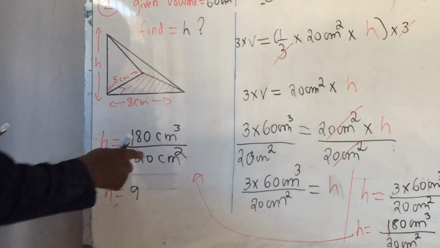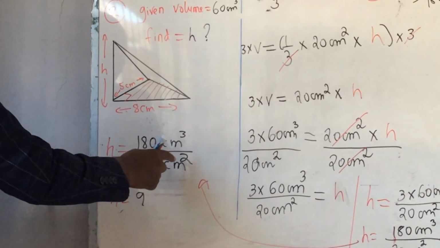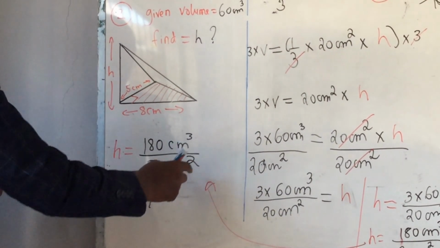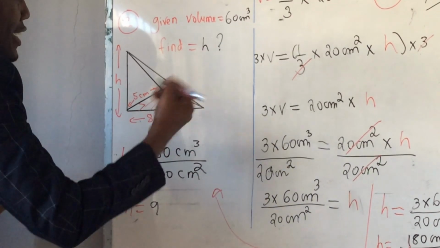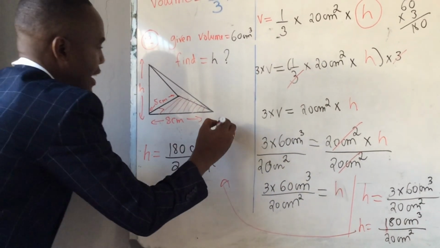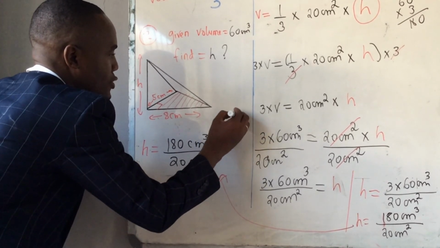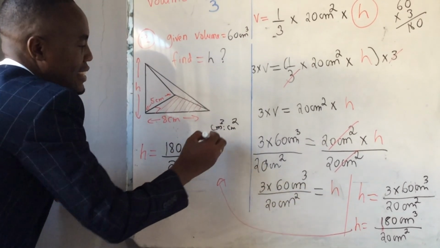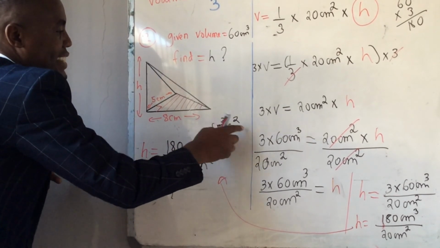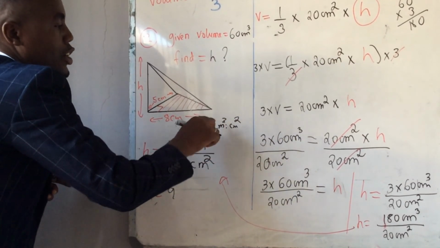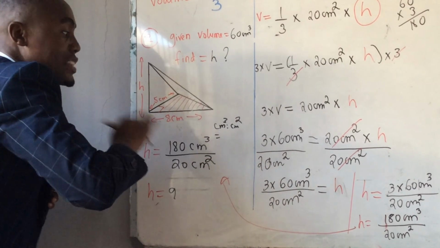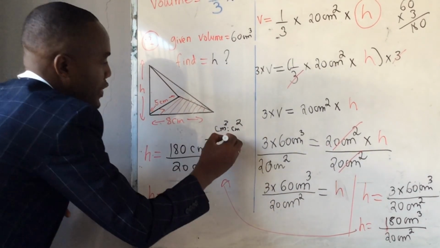And then we have to work out as well the value of centimeters cubed and centimeters squared. As we know in algebra, if we have, in this case, centimeters cubed divided by centimeters squared, what happens is here, because the base is the same, the exponents are different, we're going to subtract the exponents and maintain the base as algebraic rule of exponents.